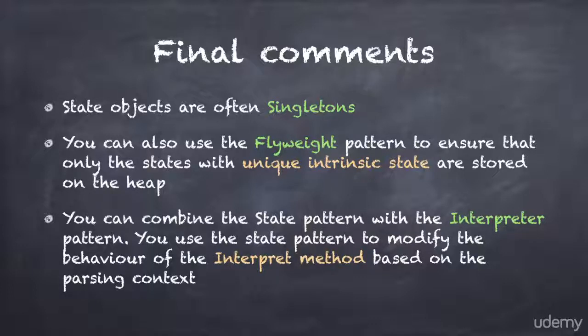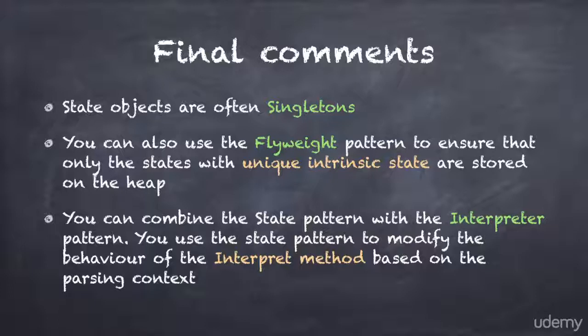Another solution for very large application architectures is to use the flyweight pattern to share state objects. This combination of patterns will ensure that only the states with unique intrinsic state are stored on the heap, and nothing else.